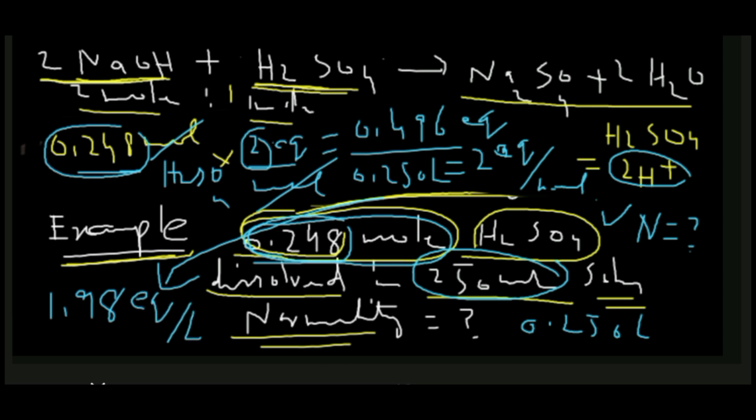Equivalent per liter is also equal to normal. So this is the 1.98 equivalent per liter, or normal, of sulfuric acid. In this way you can determine the concentration of caustic soda, as well as the normality of sulfuric acid by this reaction.